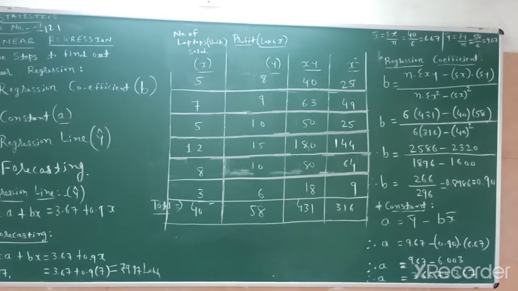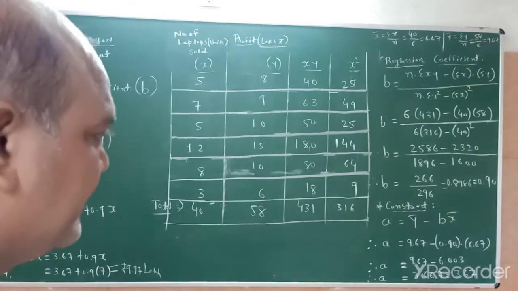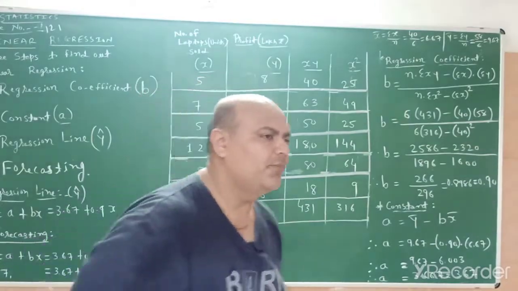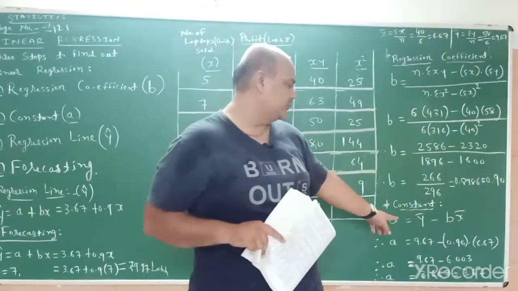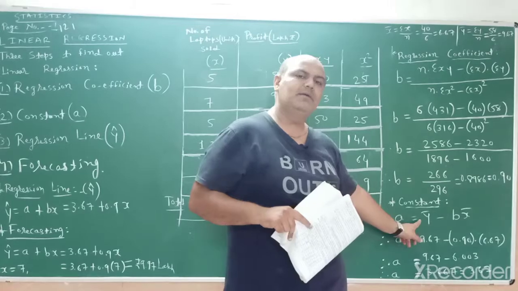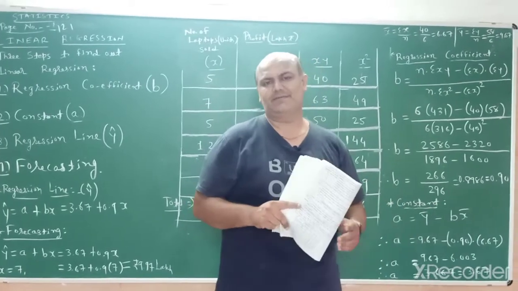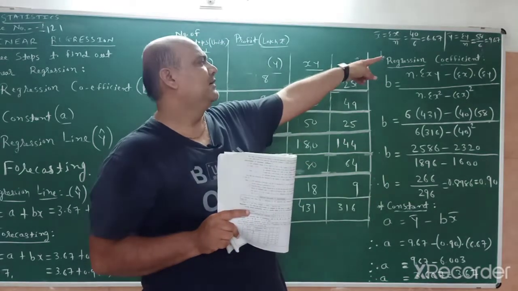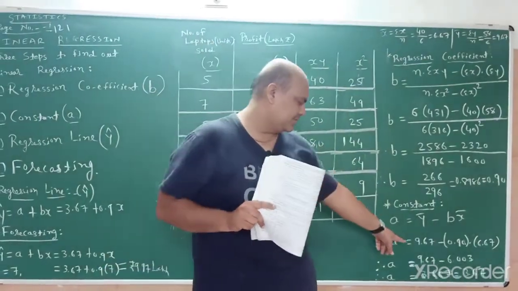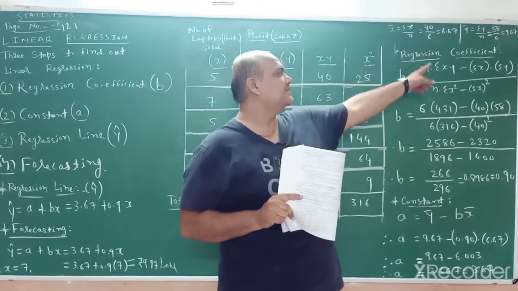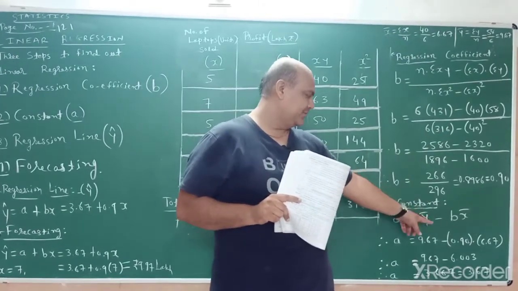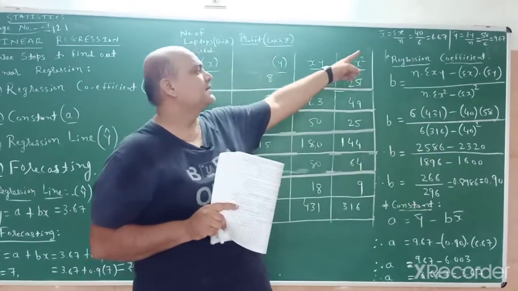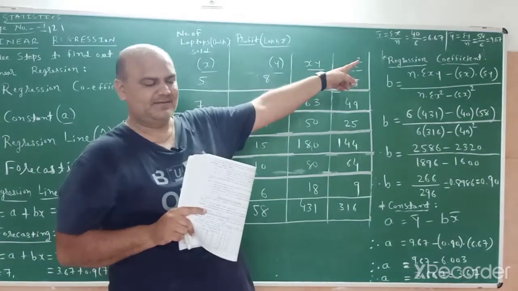After finding the regression coefficient b, we have to find the constant. For constant, the formula is a is equal to y bar minus b x bar. Y bar is 9.67 minus b, that is 0.90, into x bar, which is 6.67.